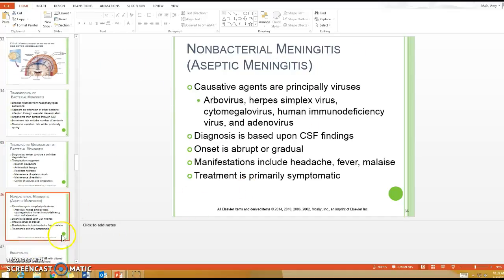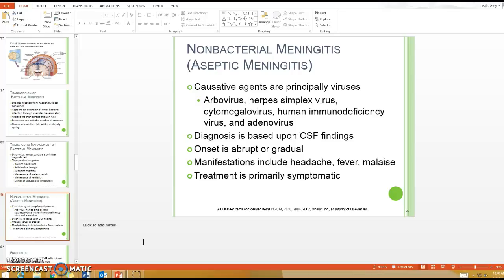So non-bacterial meningitis, typically these are caused by viruses. Common viruses are the arbovirus, herpes simplex virus, cytomegalovirus, HIV virus, and the adenovirus. The diagnosis is based upon the cerebrospinal fluids that are obtained in a spinal puncture.